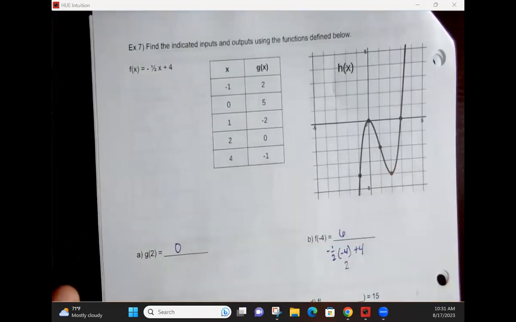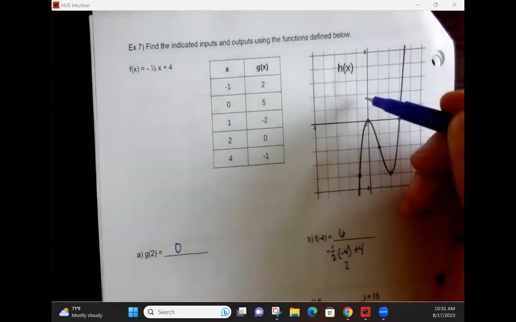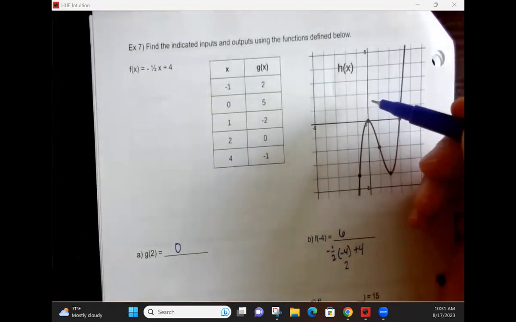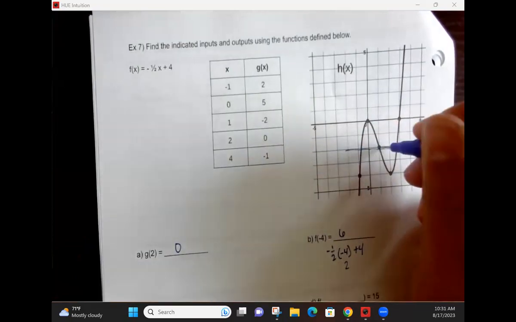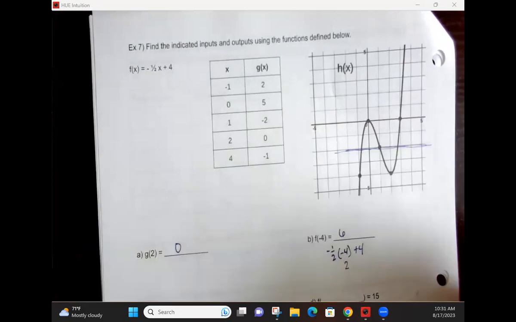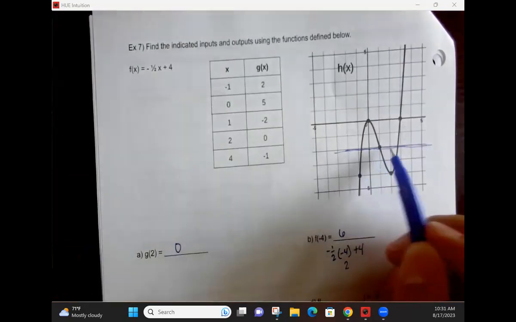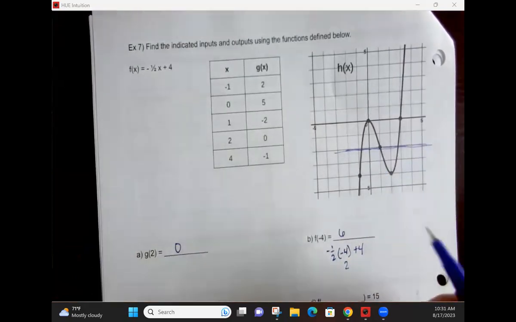C, we want to use H, which is our graph, but this time I gave you the output. So when our Y value is negative 2, which is down here, what are all the inputs? In this case, I said all the inputs, right? Because we've got multiple. Some estimating here, that's okay.